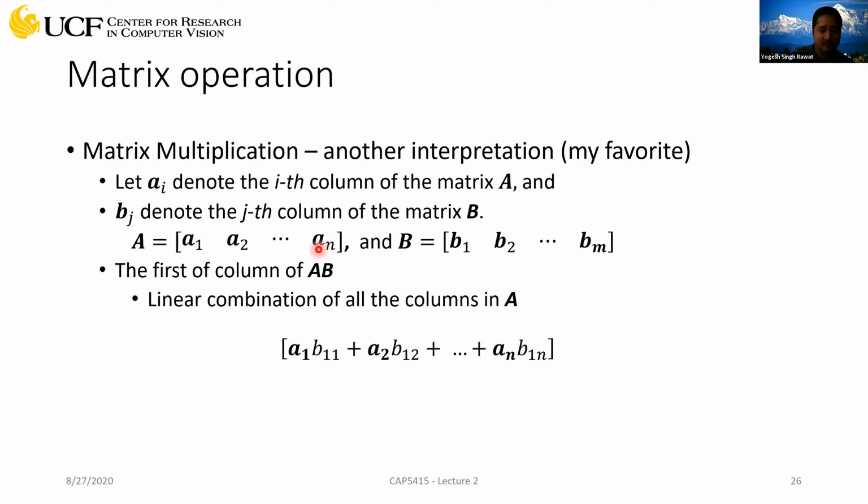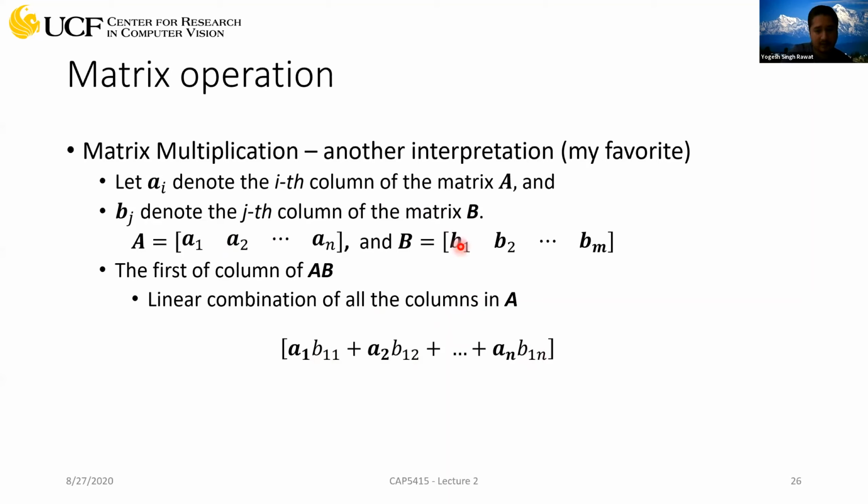By linear combination, I mean these columns will be added to each other, weighted using some numbers, and those weights are obtained from the elements of the first column of B. This B1 column will have n values, because if it's not n, then we cannot multiply these two. We can represent those numbers as B11, B12 up to B1n.